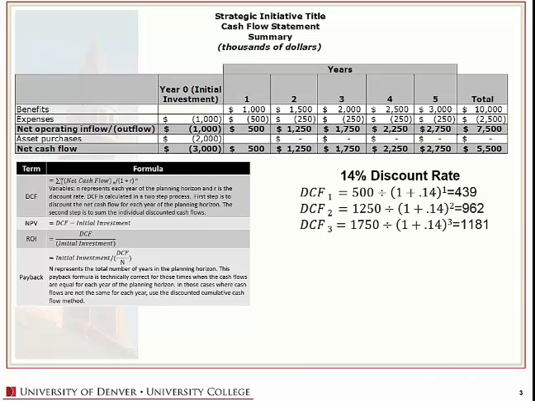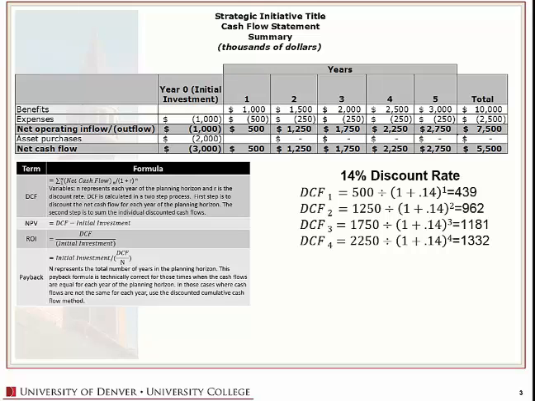We take the discounted cash flow of $1,750,000, divide it by 1 plus the discount rate, raise to the third power, and come up with an amount of $1,181,000. Discounted year four, you can probably see a pattern here.